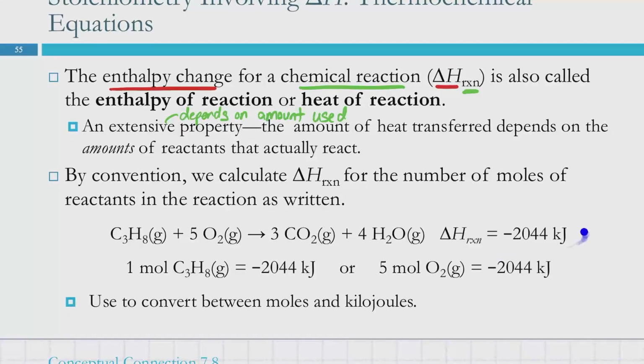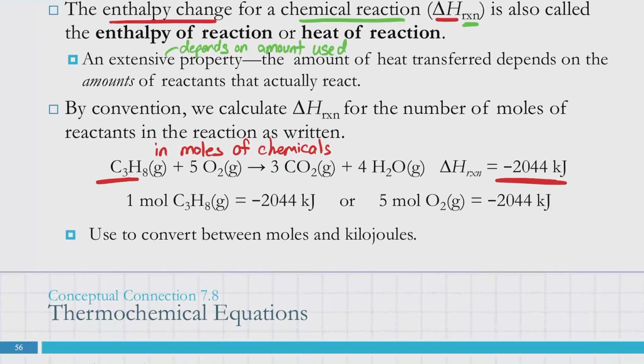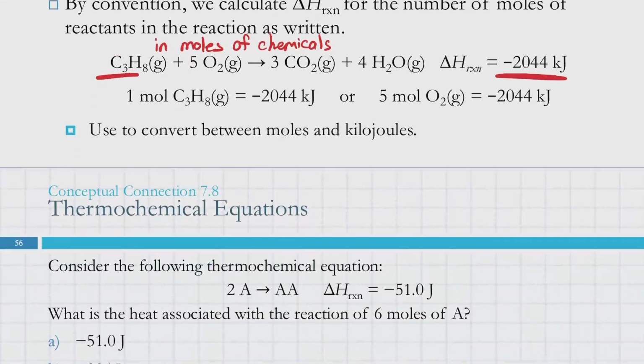So the delta H, essentially, we treat it like another coefficient. We can select any two things that we want, and we set those equal to each other, but it has to be in moles, just like our stoichiometry does. So this lets us convert between moles and kilojoules.